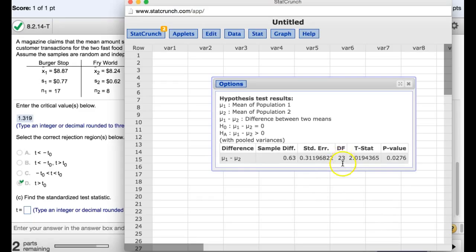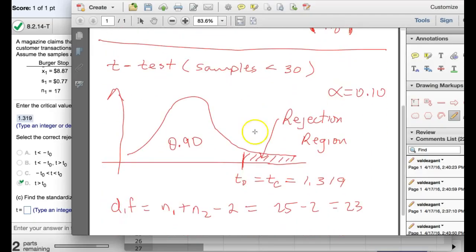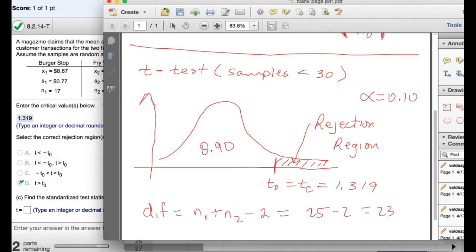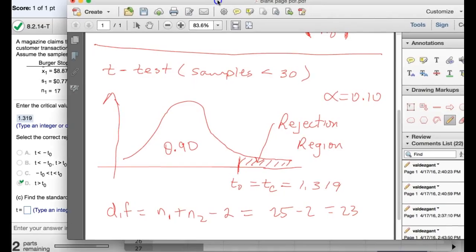And so you see here how we have 23 degrees of freedom. And if you look here, that was one of the things that we knew that we had to have. We also see that our test statistic is 2.01, and so on and so forth. And if you look here, if this is 1.319, then 2.01 is way in here.